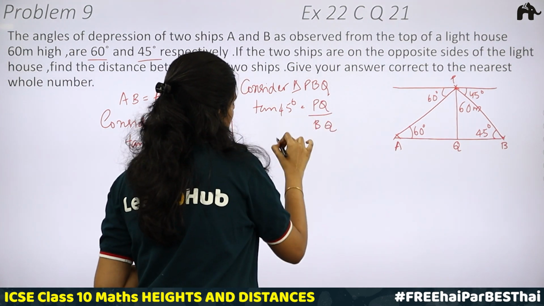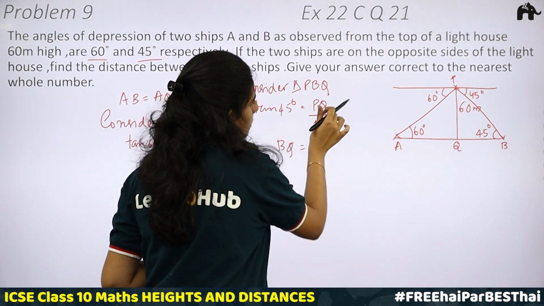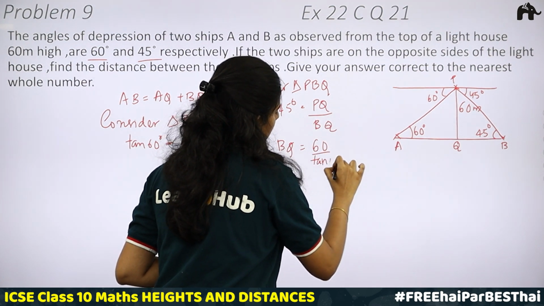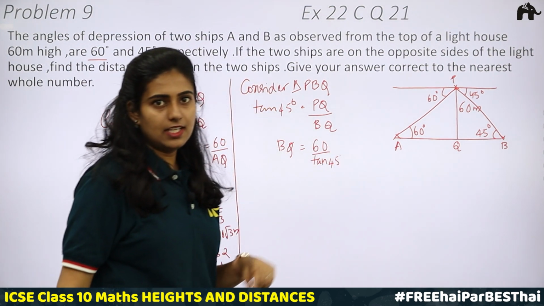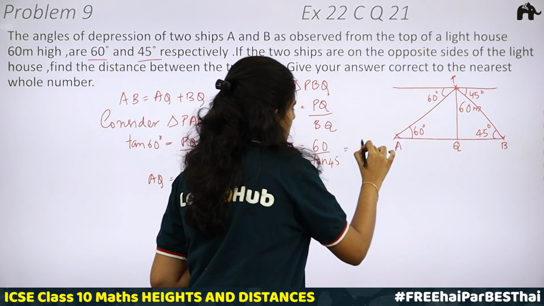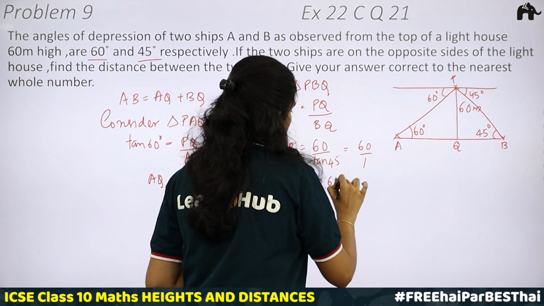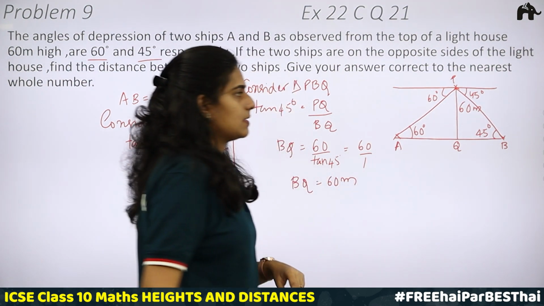Then what is BQ? BQ will be equal to PQ, PQ is 60, divided by tan 45 degrees. What is the value of tan 45 degrees? 1. Correct. 60 divided by 1. Therefore, BQ will be equal to 60 meters.